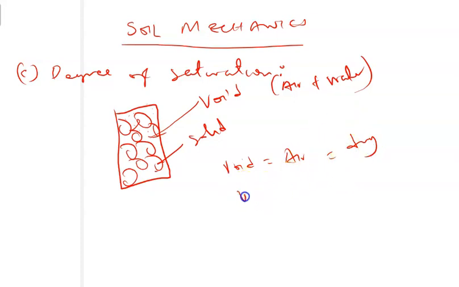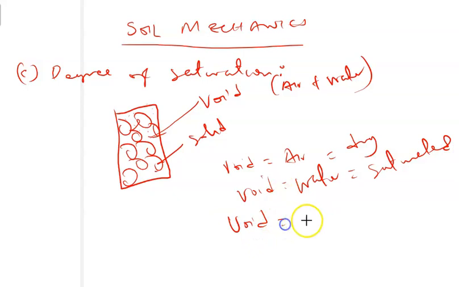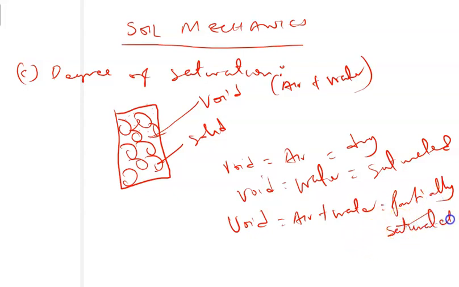Then if the void is filled up with water, then it is said to be saturated. Then if the void contains air plus water, then it is said to be partially saturated. So we should note this.